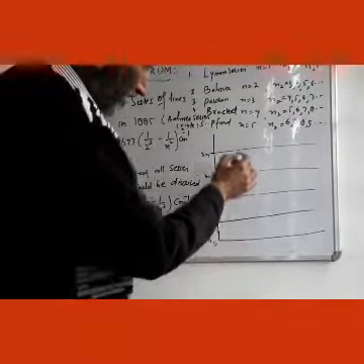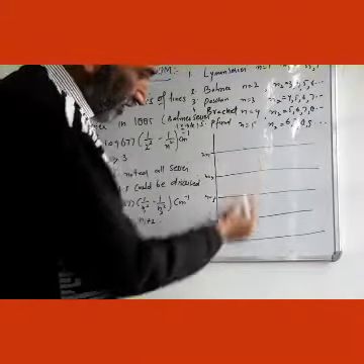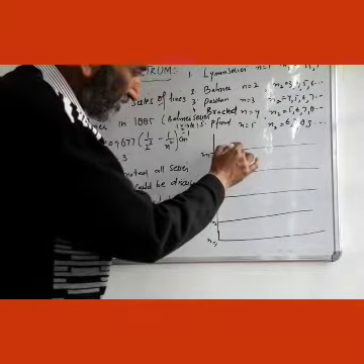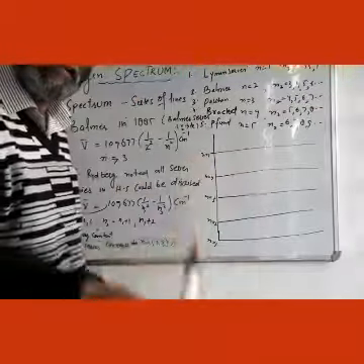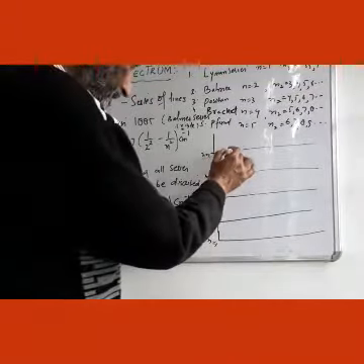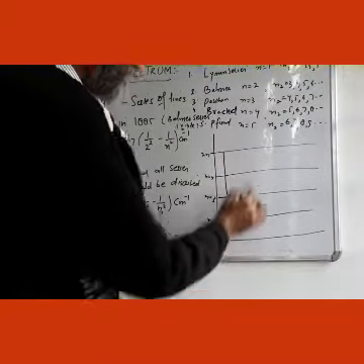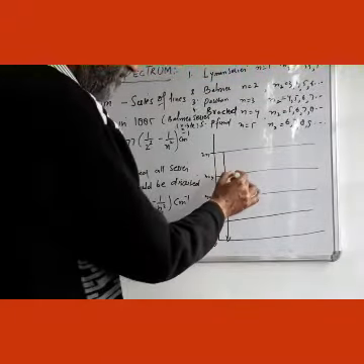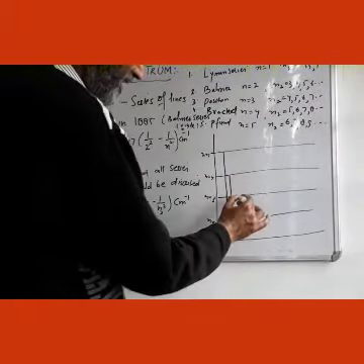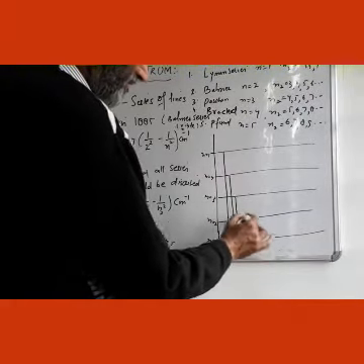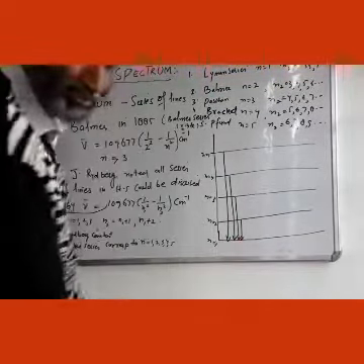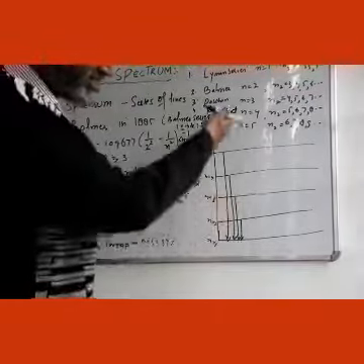If the electron jumps from higher levels, say level 5, 4, 3, 2, to level number 1, these are transitions.